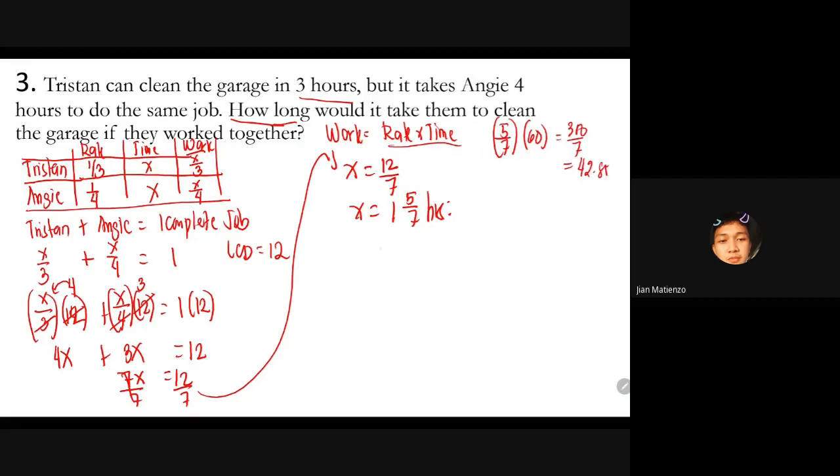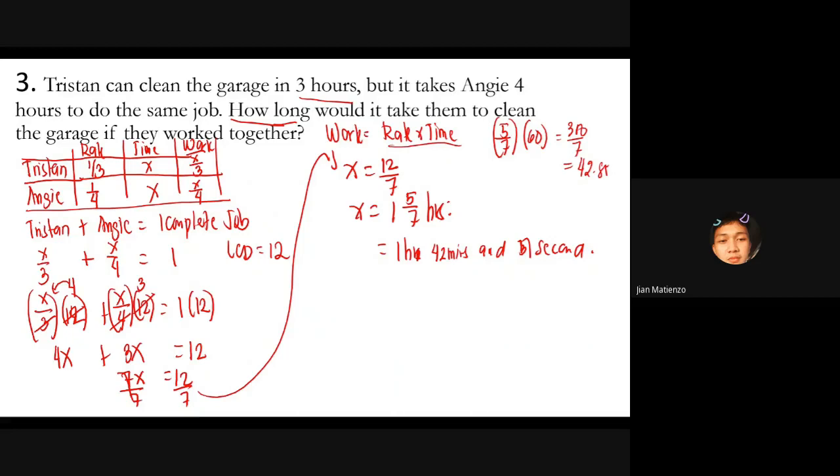So that will be equal to 1 hour, 42 minutes, and 51 seconds. So Angie and Tristan can finish cleaning the garage in 1 hour, 42 minutes, and 51 seconds.